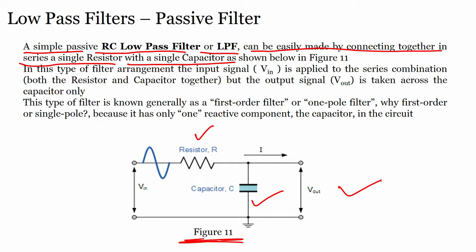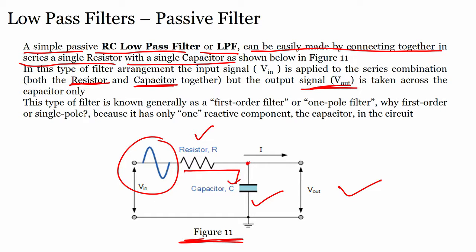In this type of filter arrangement, the input signal V in is applied to a series combination of resistor and capacitor, but the output signal V out is taken across the capacitor only.